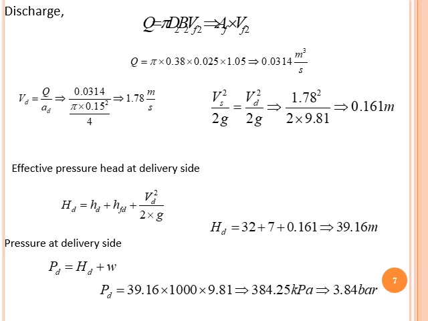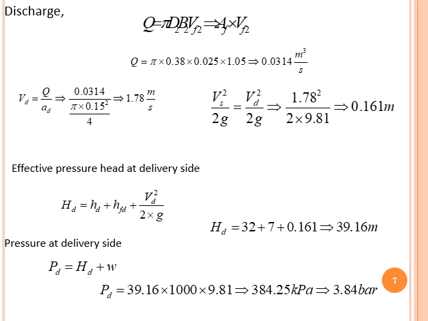So Pd is equal to 39.16 times the density of water, 1000, times the acceleration due to gravity, g, which is 9.81. The pressure at the delivery pipe is 384.25 kilopascal, that is 3.84 bar. So this is the pressure at the delivery pipe.